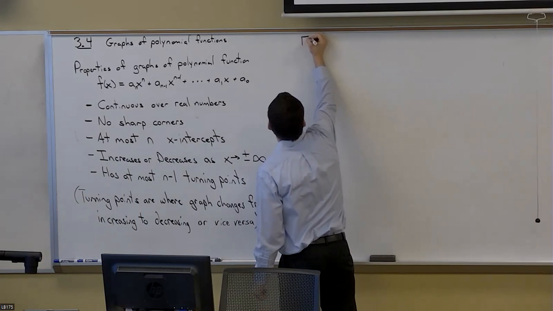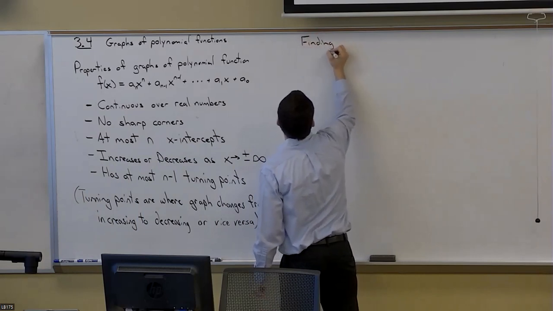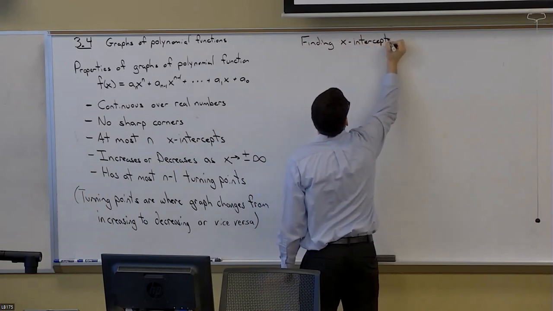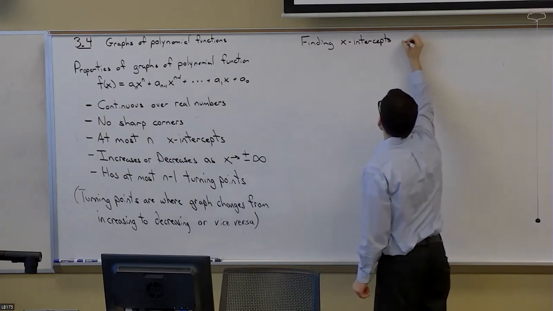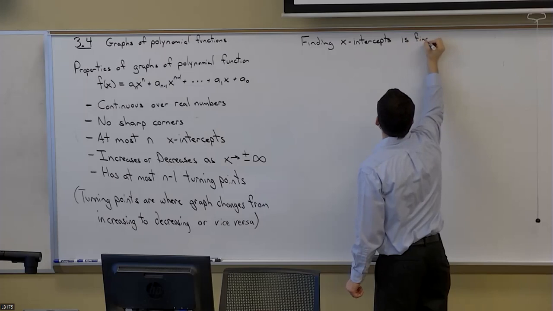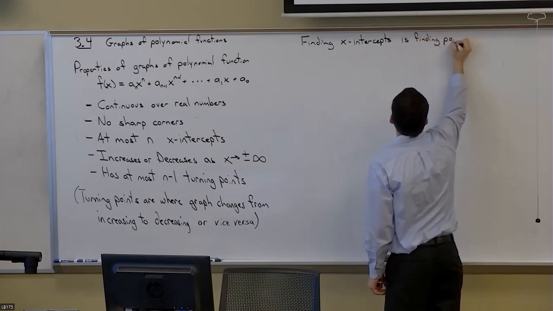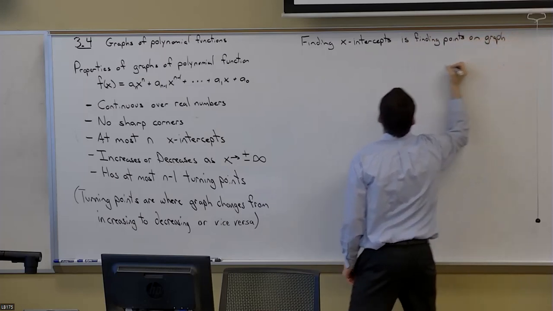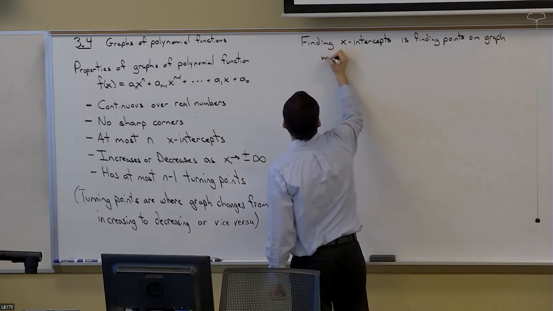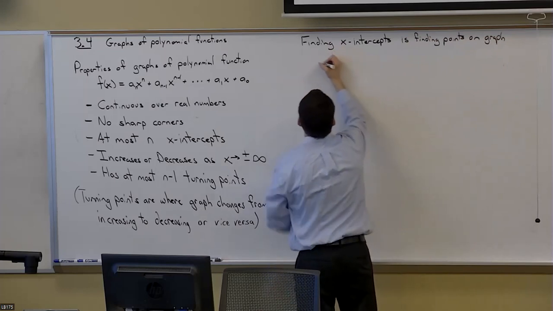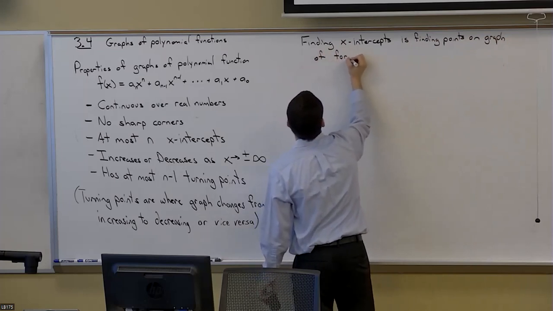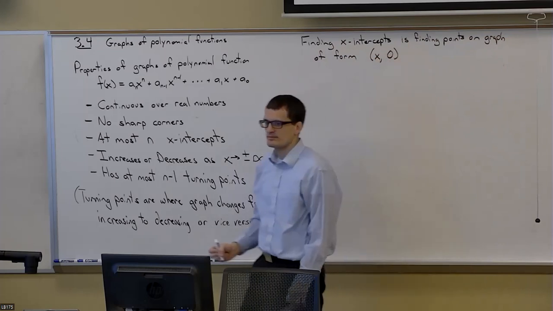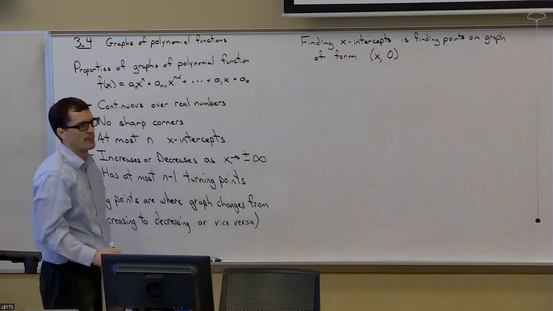So, finding x-intercepts is finding points on the graph of the form x comma 0, right? X-intercepts have zeros in for the y value.